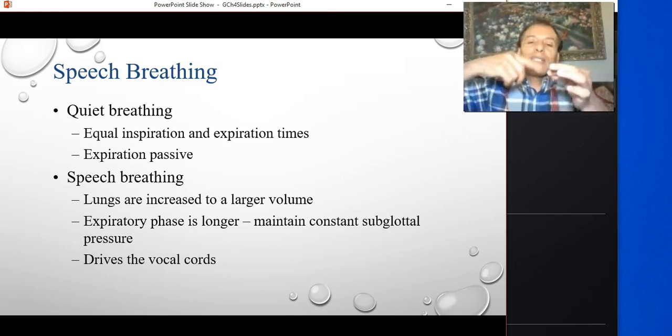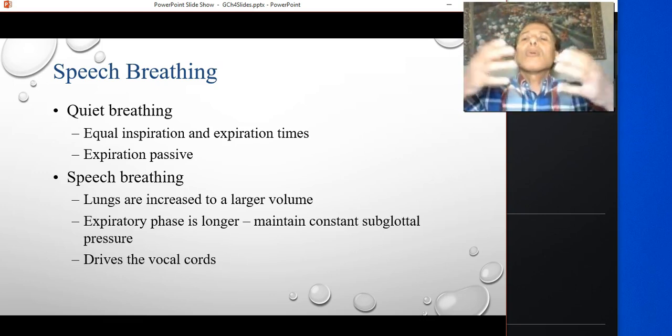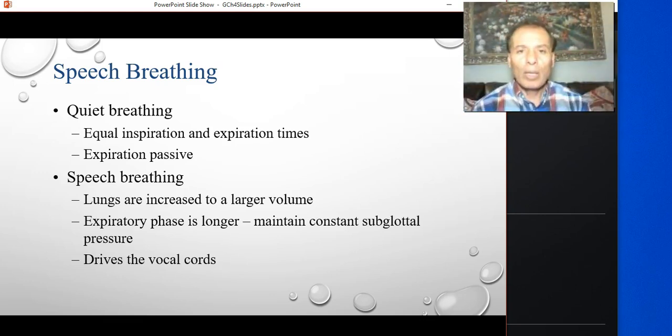And the balloon is going to continue making that sound for a long time. So again, in speech breathing, the cycle of breathing is different. The inhalation process takes about 10% of the cycle, and 90% is spent in exhalation, and this is because we close the airway, and as the air is exiting, we phonate and make speech.